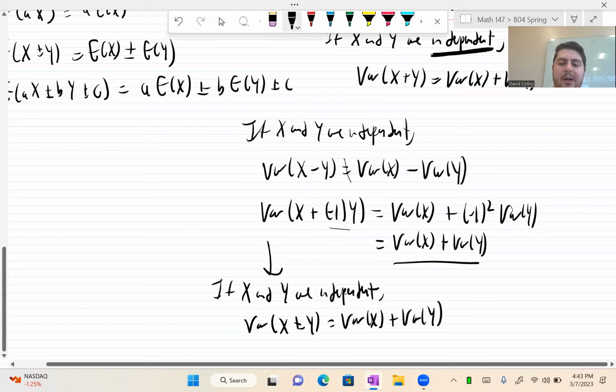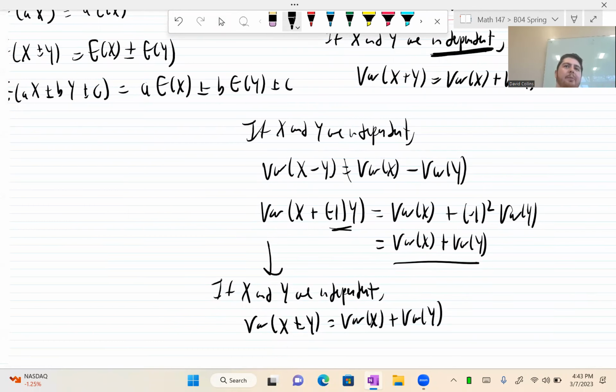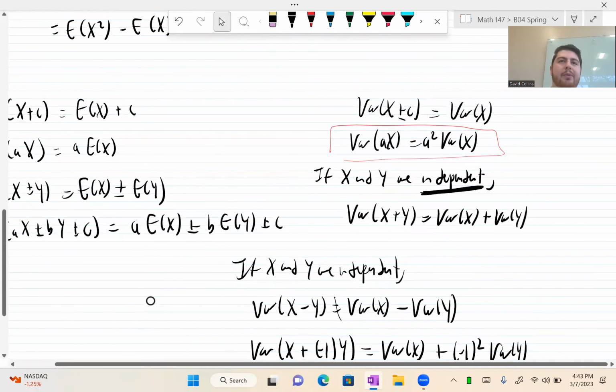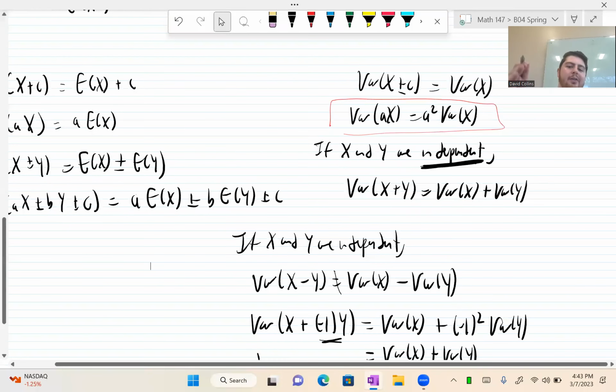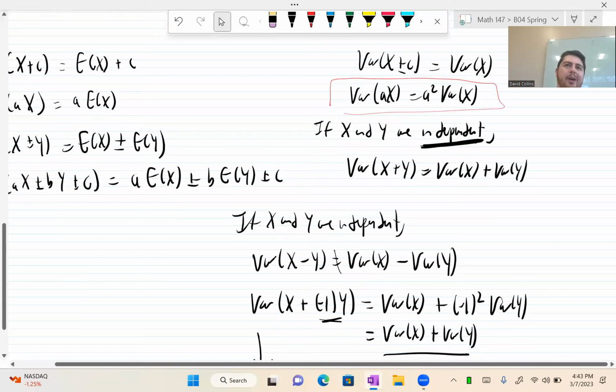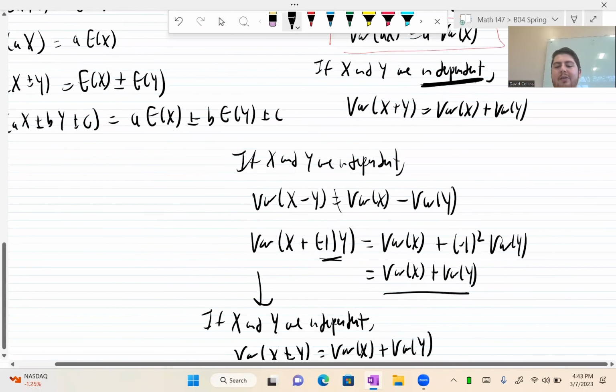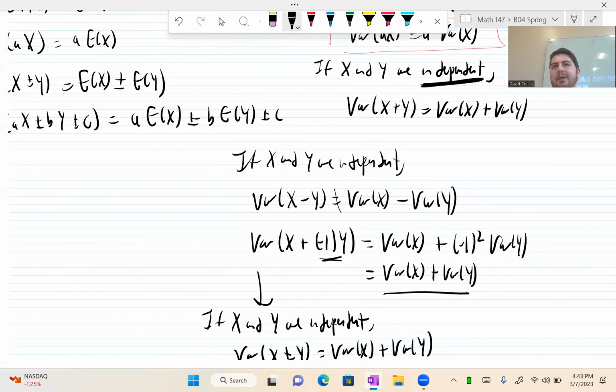Yeah, so right here, X minus Y is X plus -1 times Y, right? So then we use this rule that's in red. So A here is -1. So it's variance of X plus (-1) squared, which is 1, times variance of Y. So it's variance of X plus 1 times variance of Y, which is variance of X plus variance of Y. You see that?